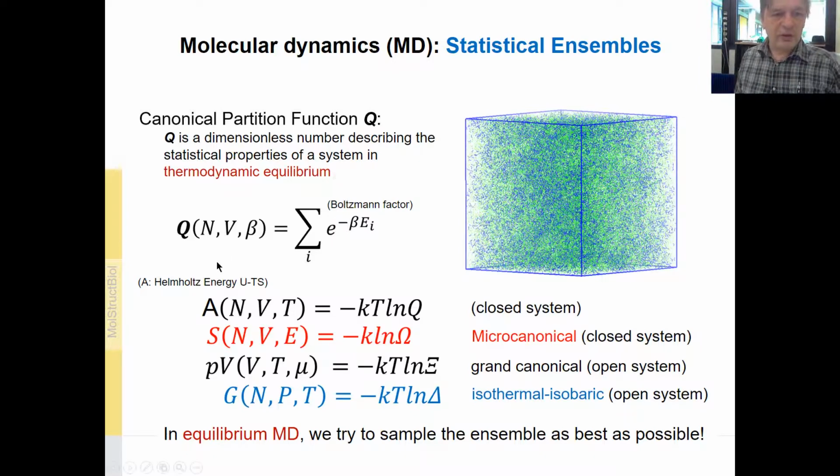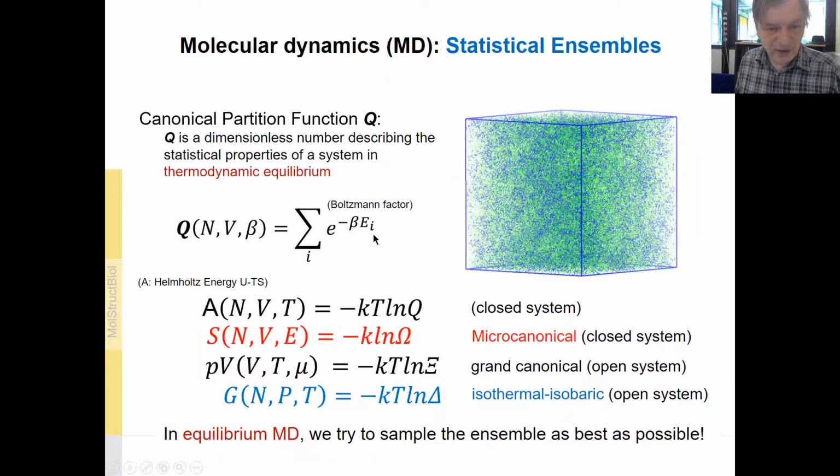So that's the classical canonical partition function Q. You know the Boltzmann factor, that is the energy of the system in some state that you have. Clearly, one of the reasons is to get as many different states at hand as possible, to get large ensembles.